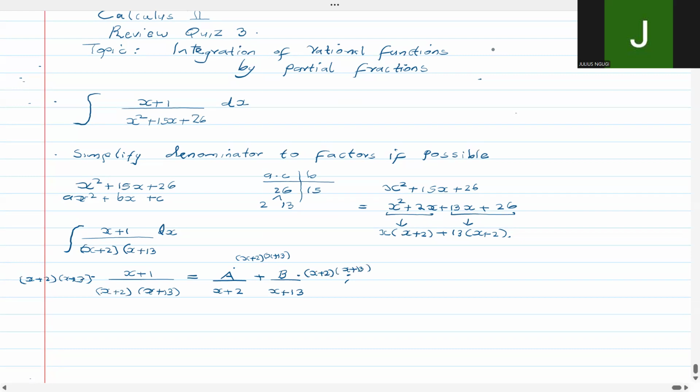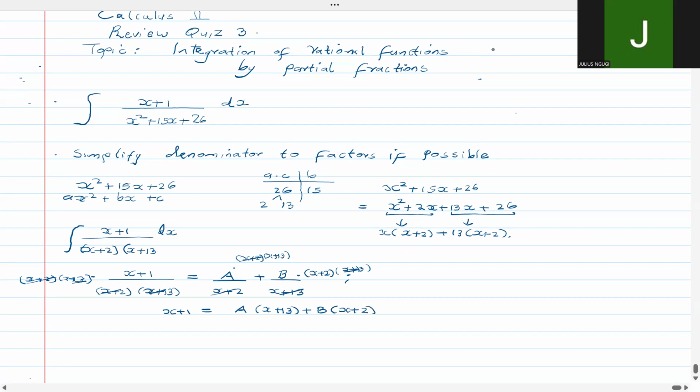That means this can cancel, and this will cancel. You get x plus 1 on the left-hand side equals A times x plus 13, with the x plus 2 canceled, plus B times x plus 2, with the x plus 13 canceled.